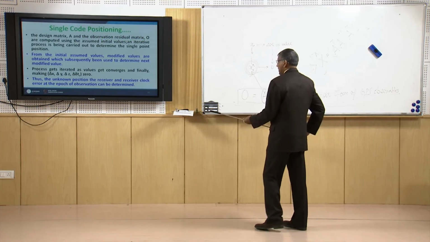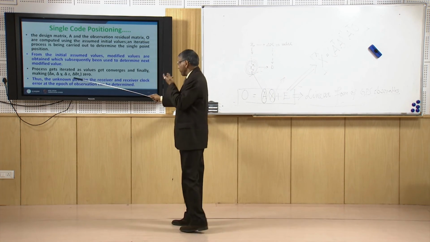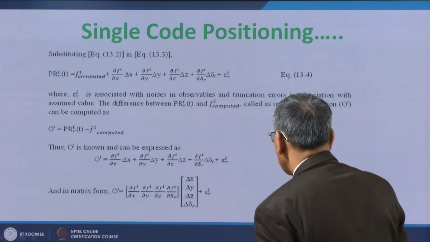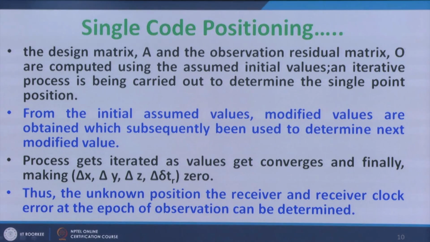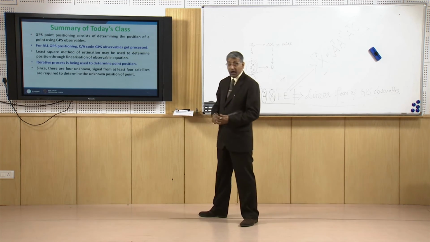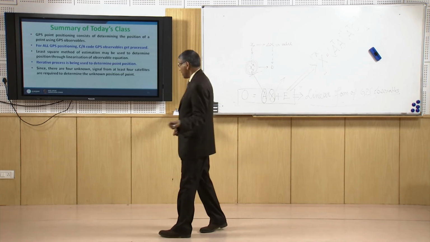Thus the unknown position, for which this is equal to zero, is the value of the receiver position. The receiver position and the receiver clock error at the epoch of observation can be determined. So that is in short the GPS positioning mathematics.